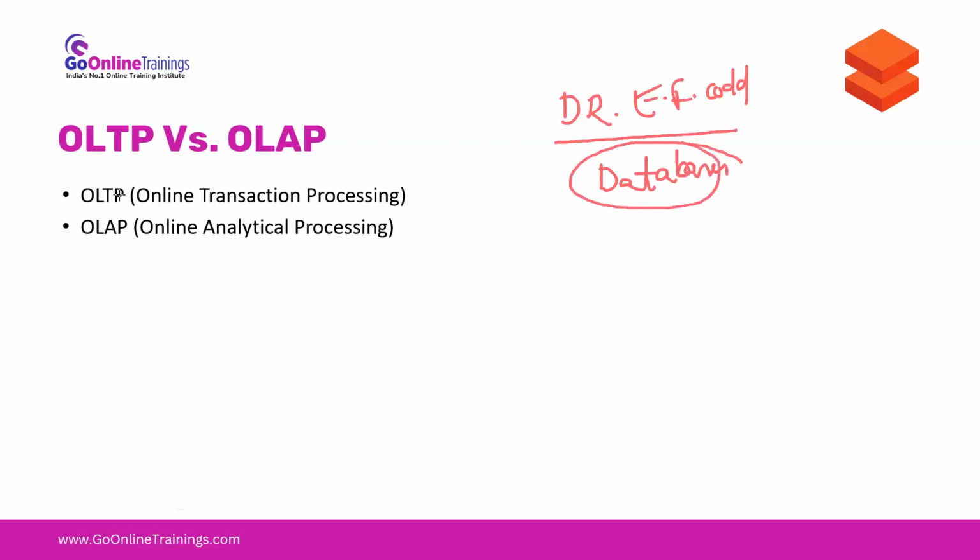When we refer to OLTP, what is it? It is online transaction processing, according to Dr. E.F. Codd, who invented SQL in 1970. He invented a lot of Codd rules, a total of 13 Codd rules.